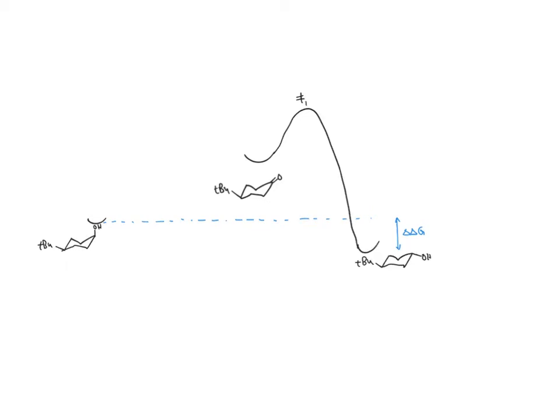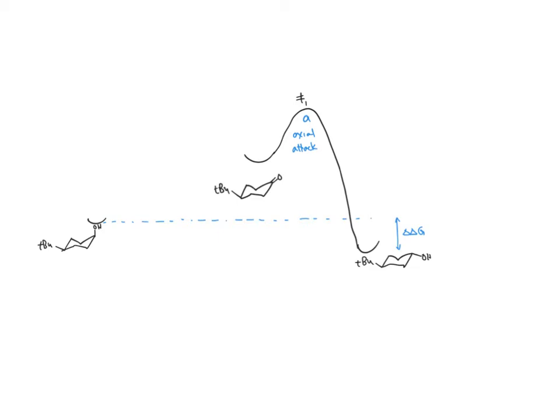So this is the mode of attack A in blue. All right, so the mode of attack A is right here, and this mode of attack is what we call an axial attack. Okay, so the hydride is coming from the axial position.